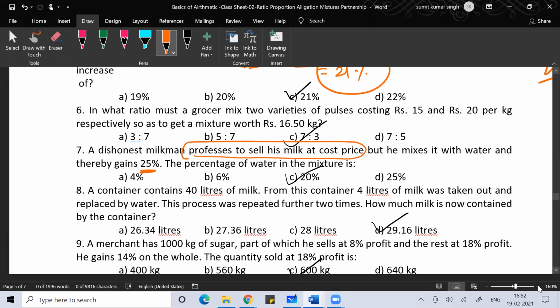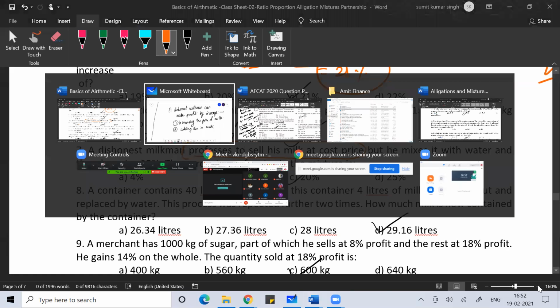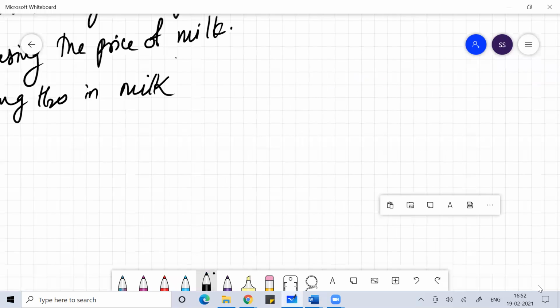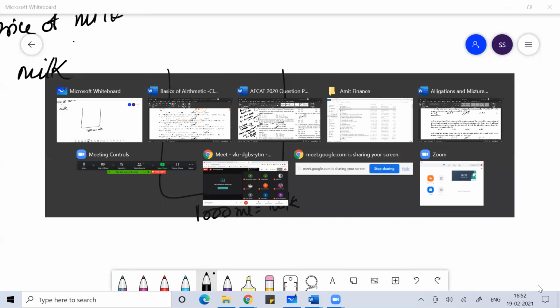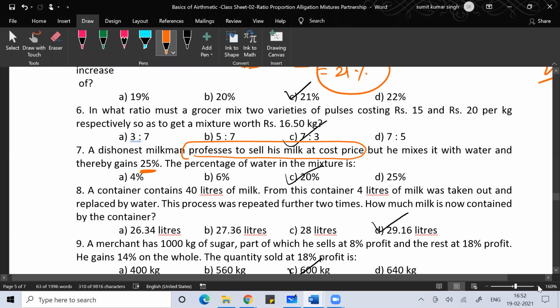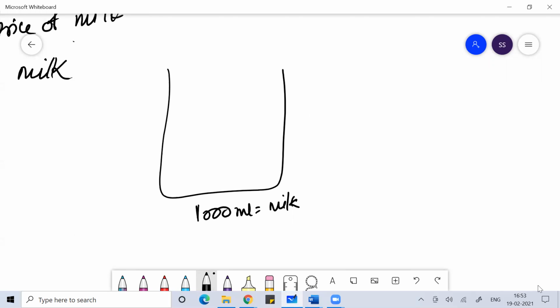Now, what is the percentage of water in the mixture? Imagine you have 1 liter of milk, or 1000 ml milk. In the 1000 ml milk, he's adding 25% water. 25% water means 250 ml water he added.